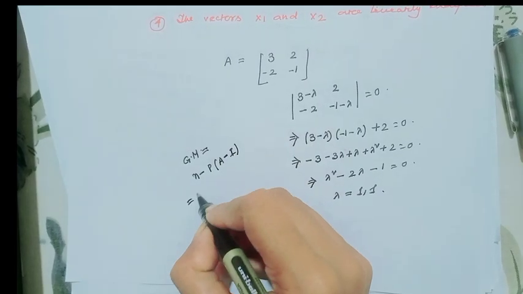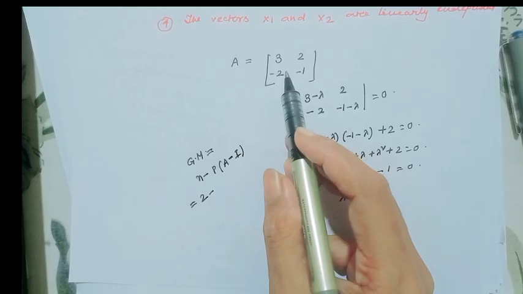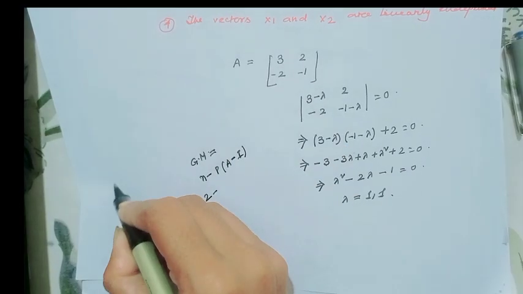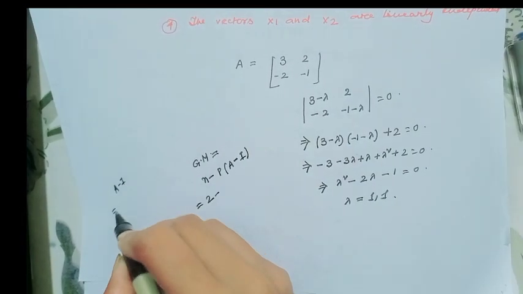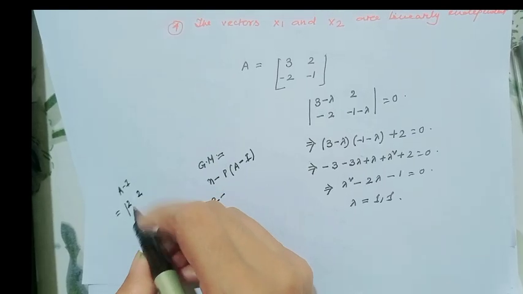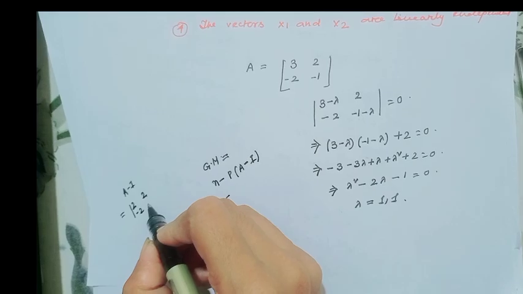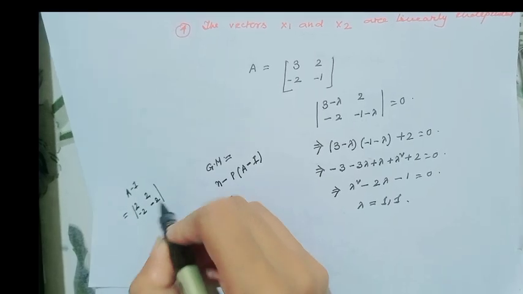Then this would be 2 minus rank of A minus I, and A minus I means 2, 2, minus 2, minus 2.